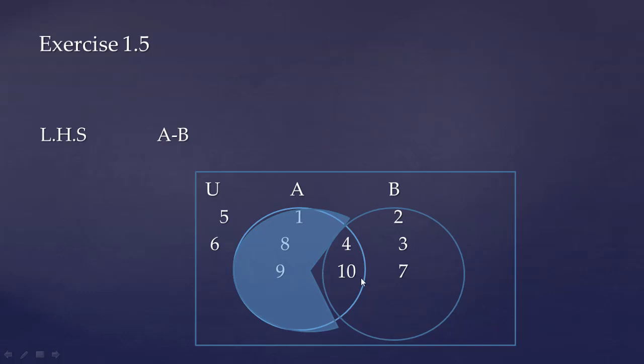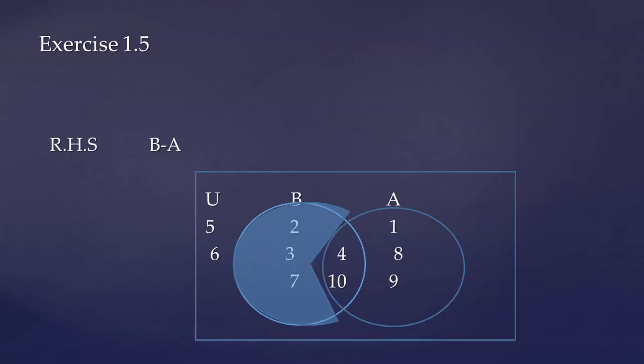In the overlapping case we write the common portion. We write the common values 4 and 10 in the common portion, and we have to find A difference B. This shaded region represents A minus B.